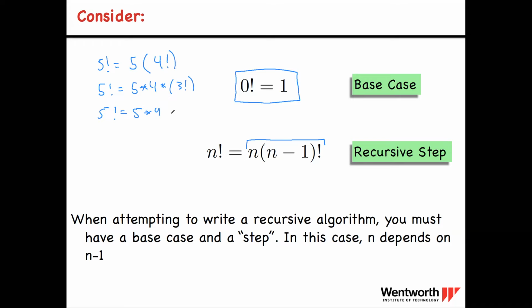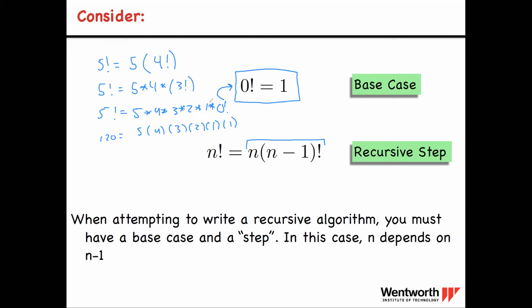So you just keep going. 5 times 4. I'm going to skip a few of the steps here. Times 3 times 2 times 1 times 0 factorial, which is just 1. So technically, I would have 5 times 4 times 3 times 2 times 1 times 1 to get my result being 120.